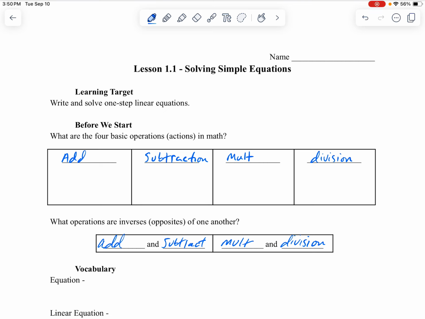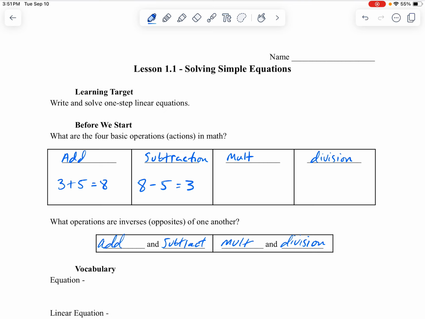So we can just do a really brief example up above to show what we mean by opposites. If I have 3 plus 5, that equals 8. And if I take 8 minus 5, I end up with 3. So notice those two things undo each other. I add 5 to get 8, and if I subtract 5, I get back to where I started at 3.